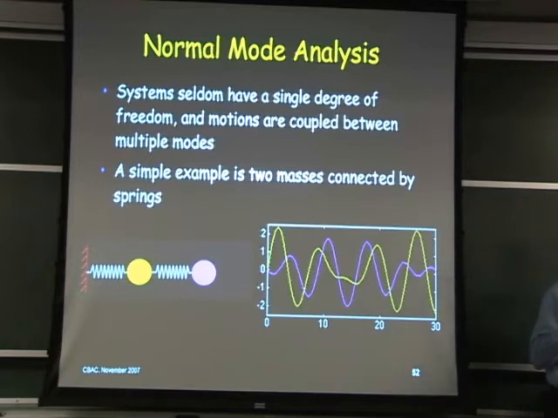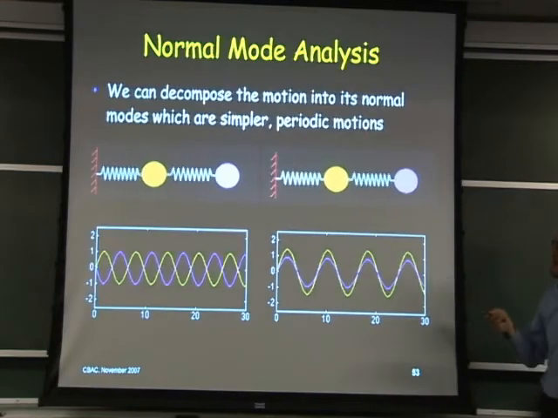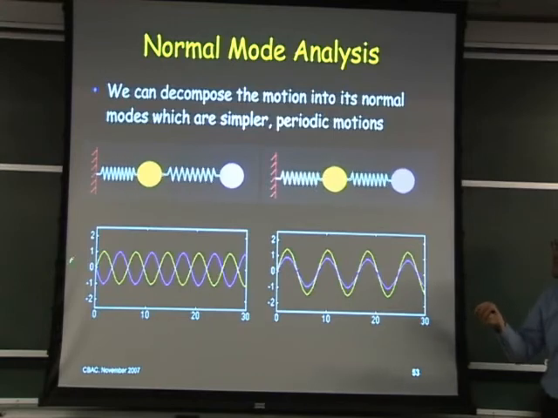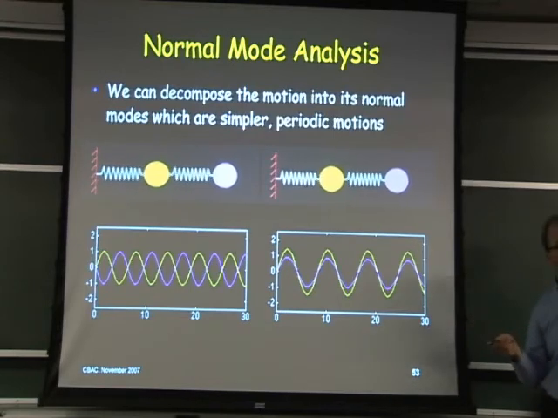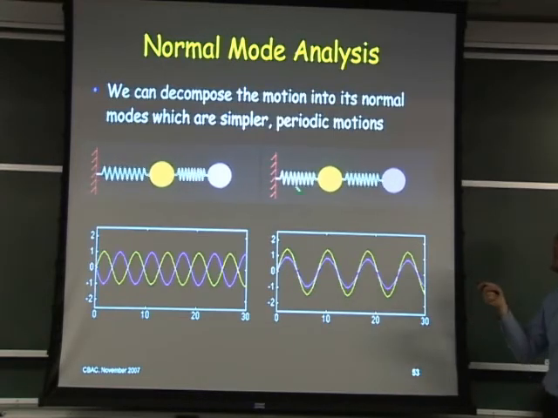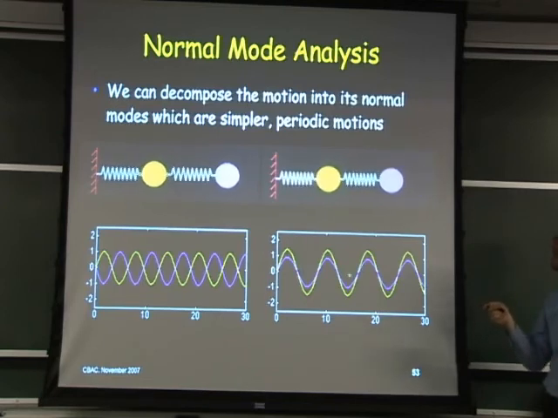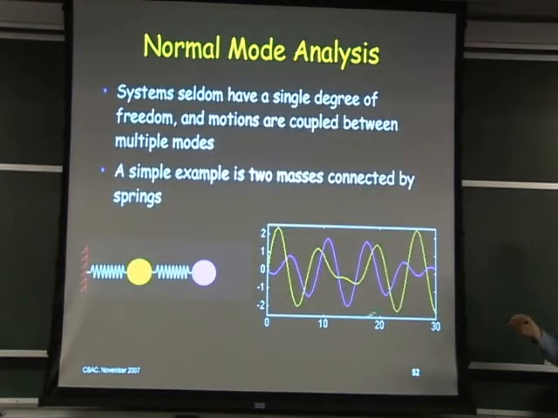If I perform normal mode analysis on this system, I come out with a short, out-of-phase motion with 2 masses moving in opposite modes, as well as an in-phase, larger amplitude, slower motion where they move in phase. If I were to take these 2 plots and add them together, I would exactly recover this complicated dynamic that we have back here.